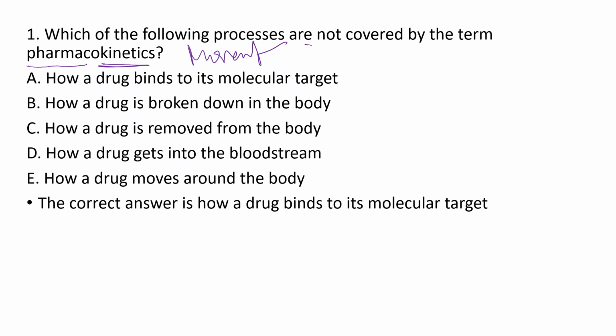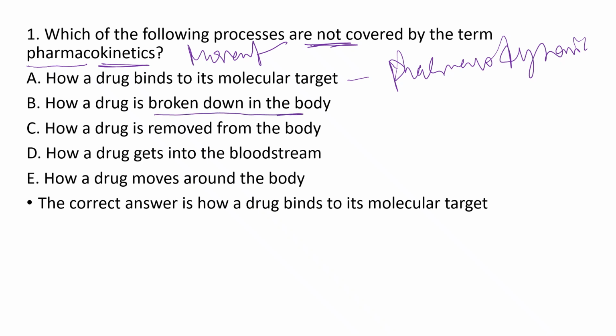So which of the following is not covered, right? The movement related to which one? The first one is pharmacodynamics, right? This is the molecular target binding, that is pharmacodynamics. Broken down in the body, right? That's the oral route, right?